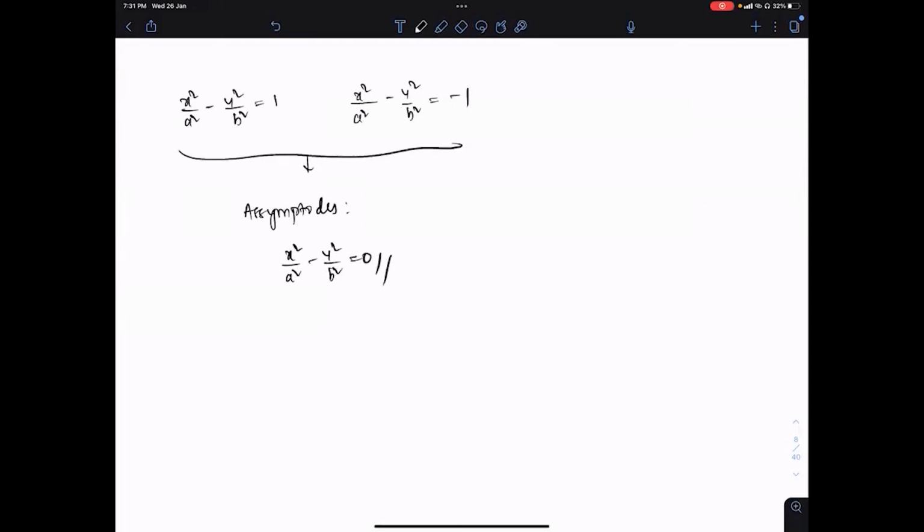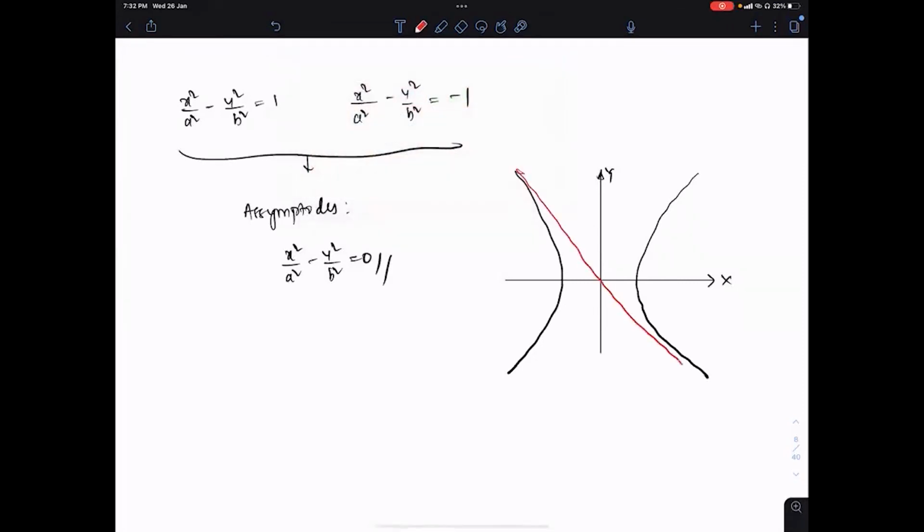That's all. That means if you know how a hyperbola looks, the lines which are almost like tangents to the hyperbola at infinity, these are called asymptotes.